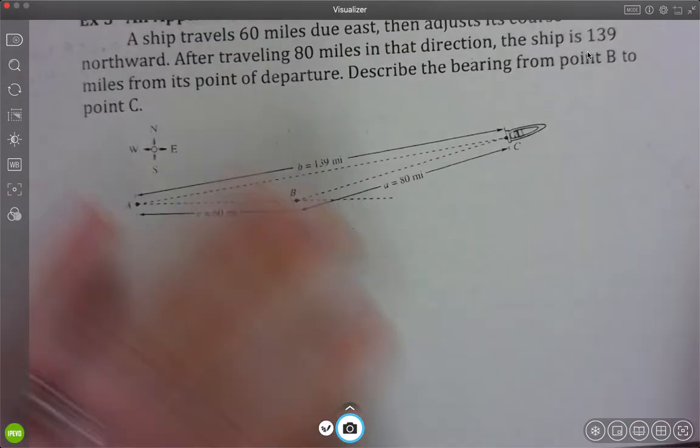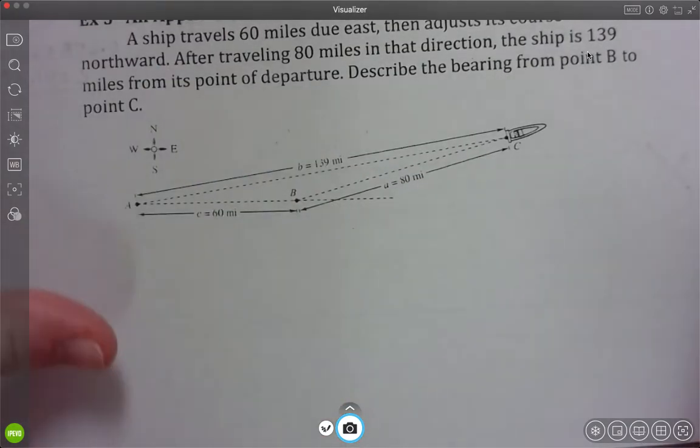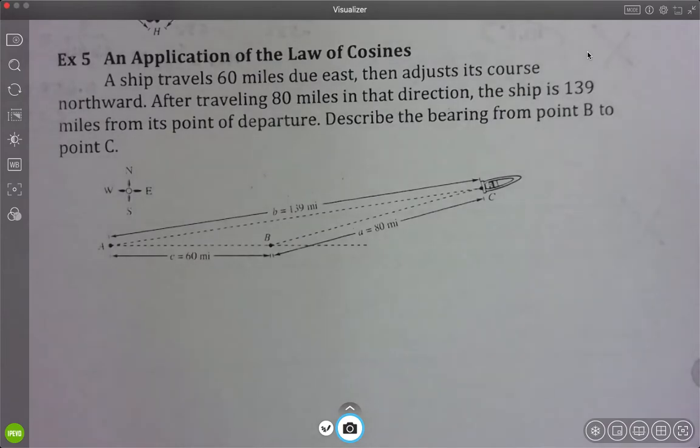Now this has to do with bearings again, kind of the same as the last problem we had on the law of sines, 13.1.